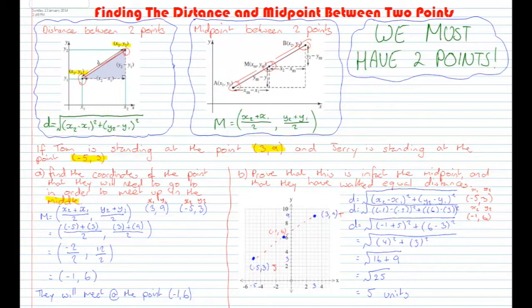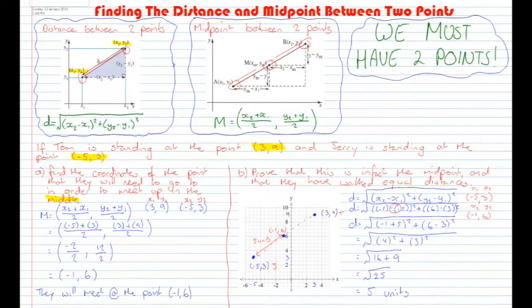Negative 1 minus negative 5, the two negatives become a positive, so negative 1 plus 5, squared, and then 6 minus 3. Negative 1 plus 5 is 4, and 6 minus 3 is 3. 4 squared is 16, and 3 squared is 9. 16 plus 9 is 25, so the square root of 25 is exactly 5 units. So the distance from Jerry to the midpoint is 5 units.